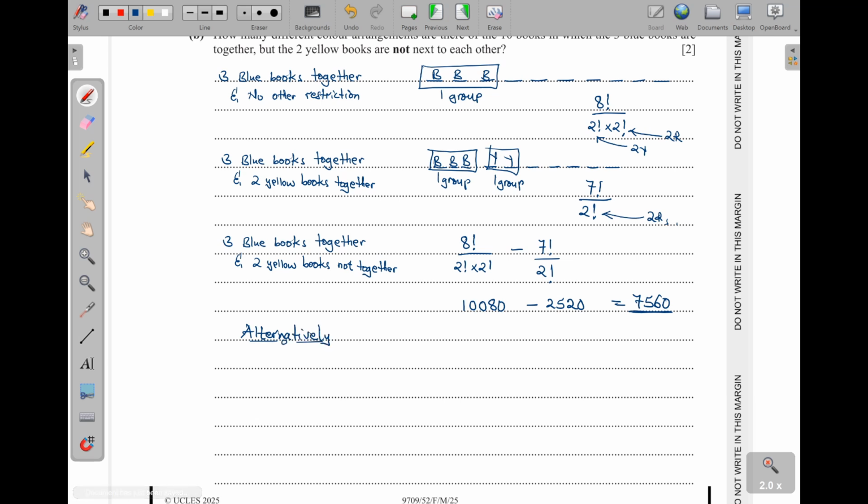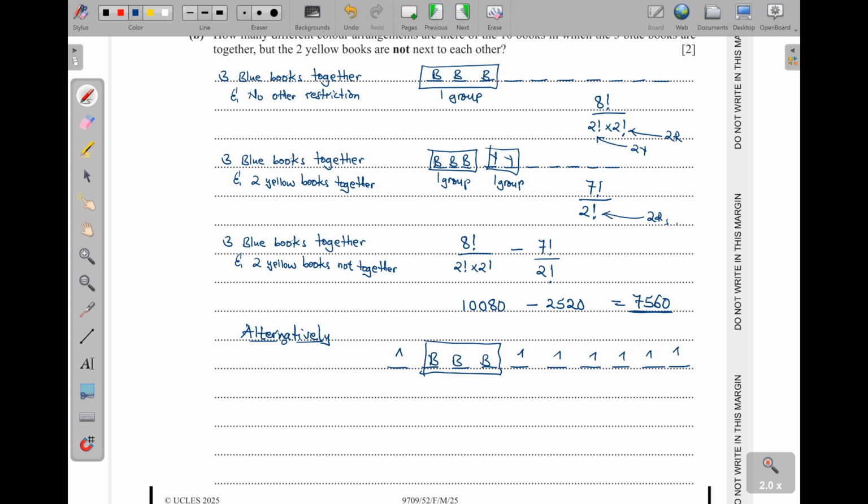Alternatively, I'm going to have 1, 2, 3, 4, 5, 6, 7, 8, 9, 10. I can have the blues, all of them are together. Now we are having the rest of the places. How many are they? 1, 2, 3, 4, 5, 6, 7. There are 7 places.